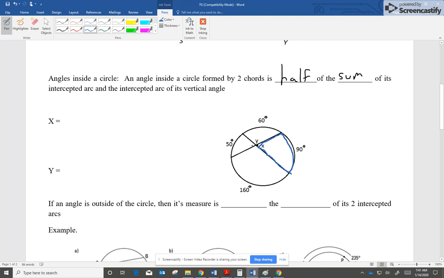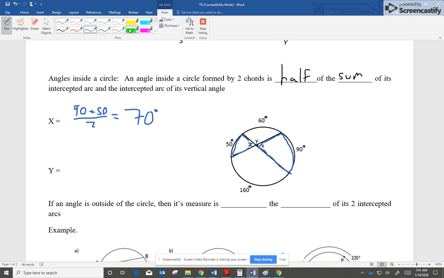We know this angle is X right here, and the angle across from it is also X. That angle X creates a 50-degree arc. So we're going to add these two arcs, 90 plus 50, divided by 2, because it's half of the sum. So 90 plus 50 is 140, divided by 2, so angle X is going to be 70 degrees.